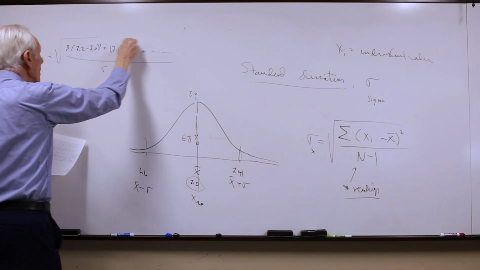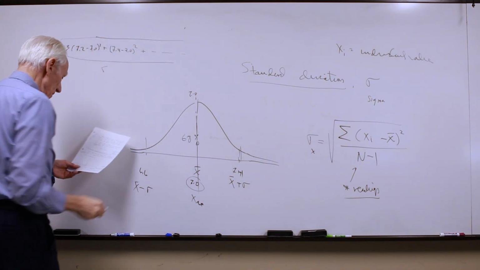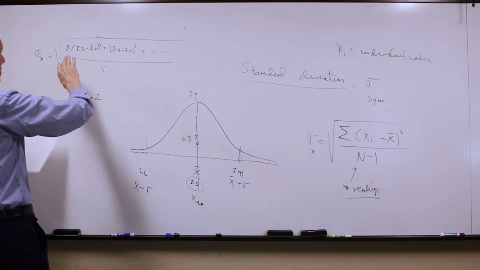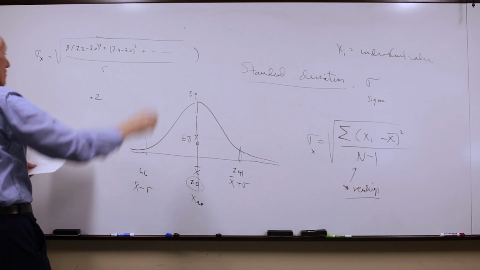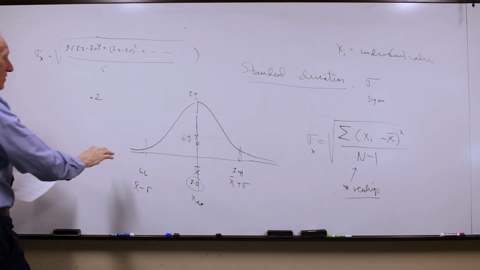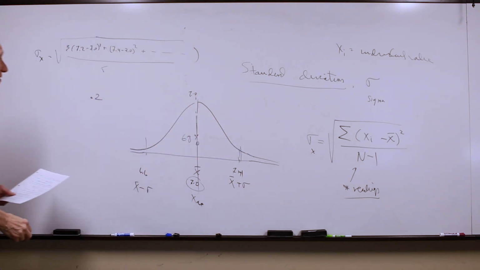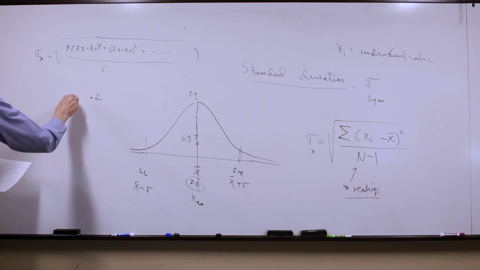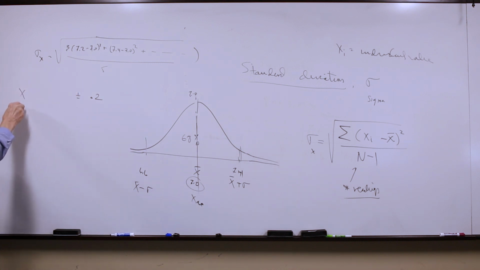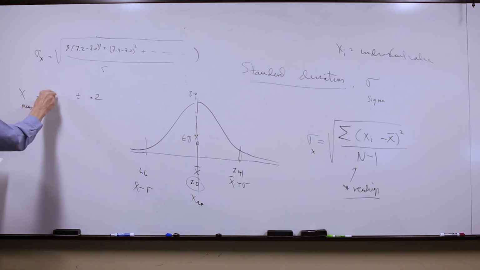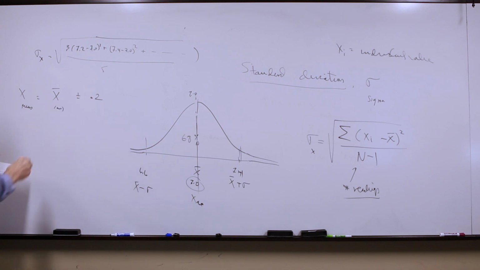So if you do that for that particular distribution, square these, add them all up, all 6 terms, divide by 5, take the square root, that should follow this theoretical curve. You're going to get 0.2, so plus or minus 0.2. So my measured value is the best value, which is the average value, plus or minus 0.2.